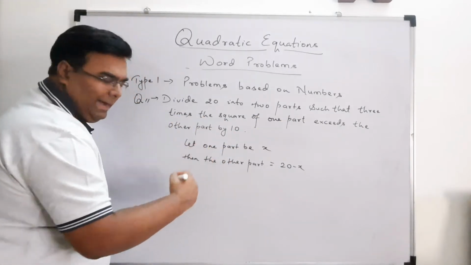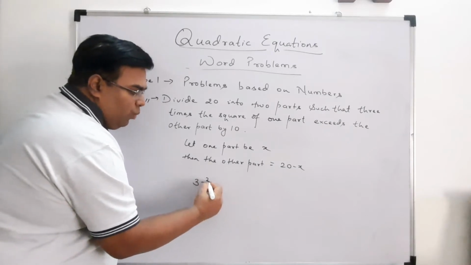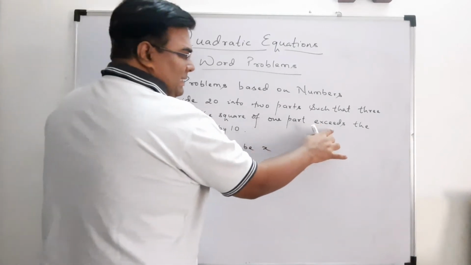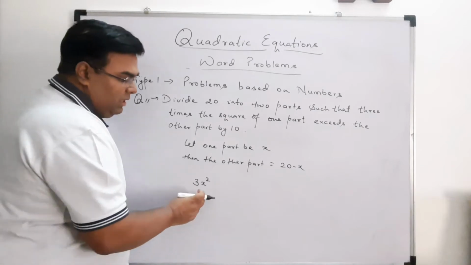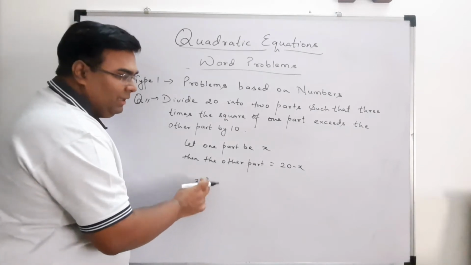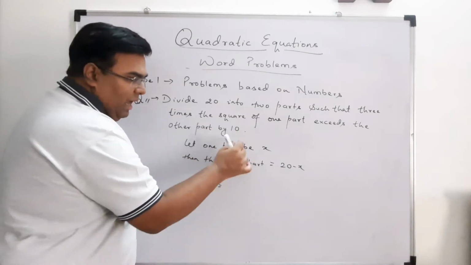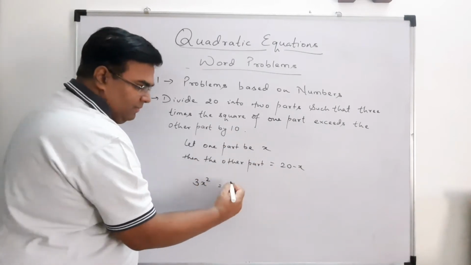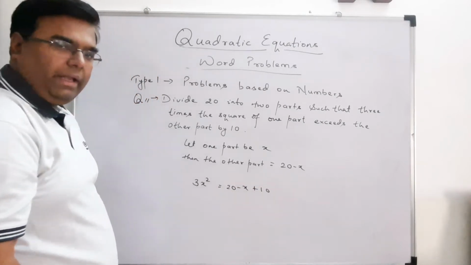So let us write the condition: 3 times the square of one part, 3x square, exceeds the other part. Exceeds the other part means this part is greater than the other part by 10. So if we add 10 to the other part, we get 20 minus x plus 10.